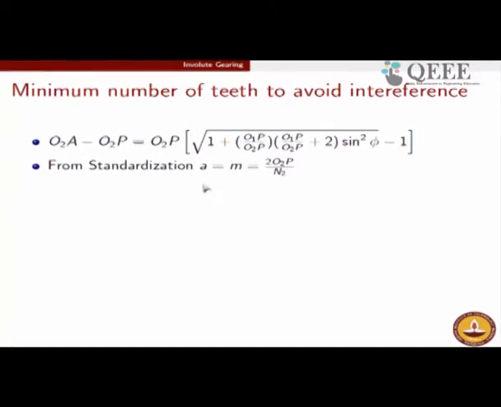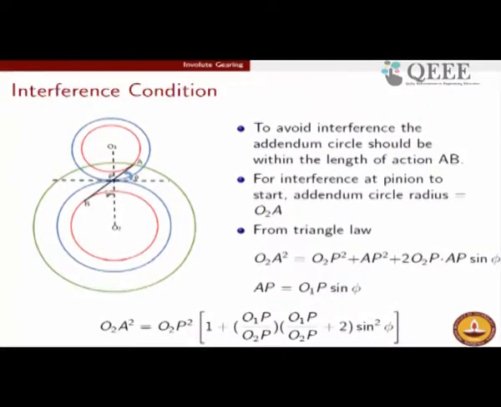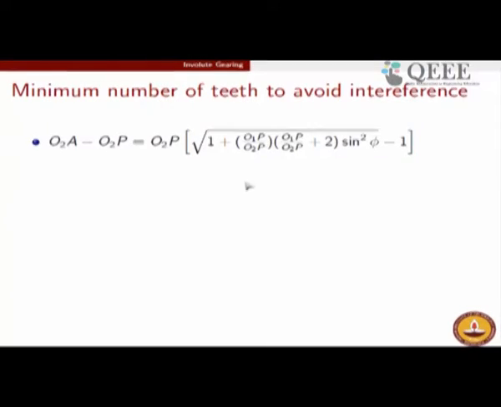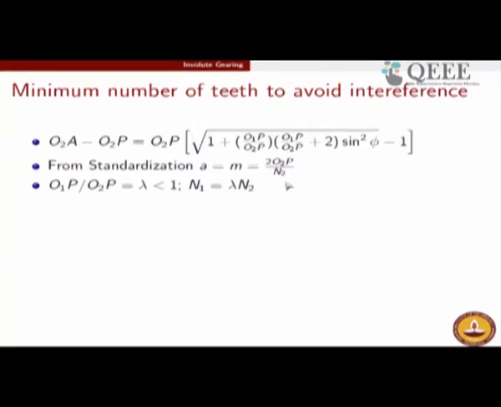Now, if I recall from the point of view of SI standards, addendum has got to be equal to 1 module. Addendum, which is equal to 1 module by definition, is the diameter divided by the number of teeth. Diameter is 2 times O2P, because O2P is the radius of the pitch circle. So, we have the addendum to be equal to 2 times O2P divided by N2.